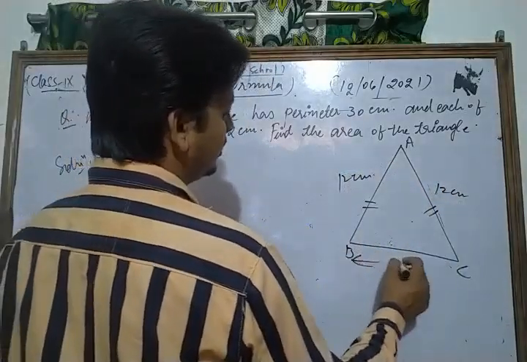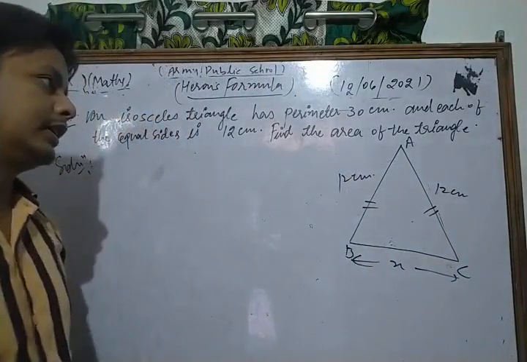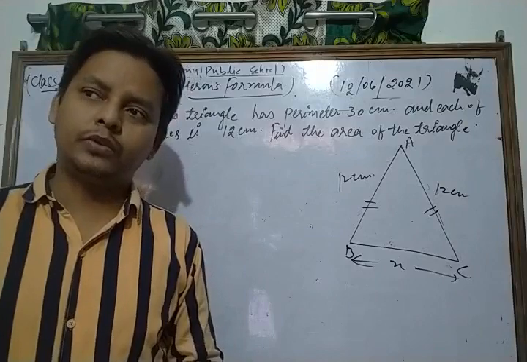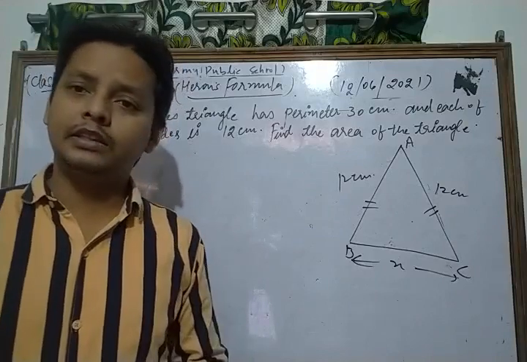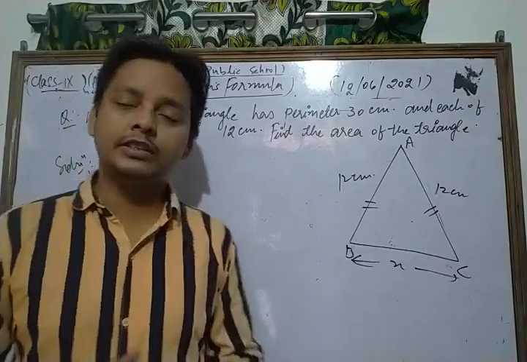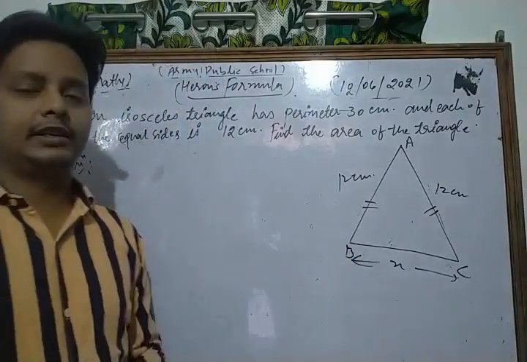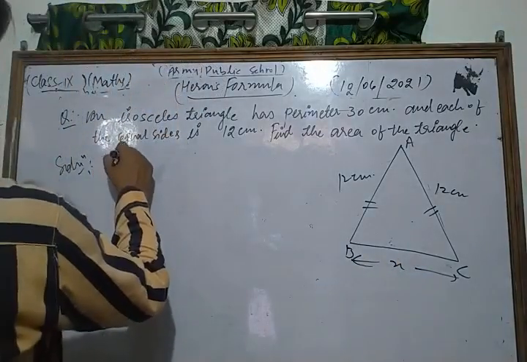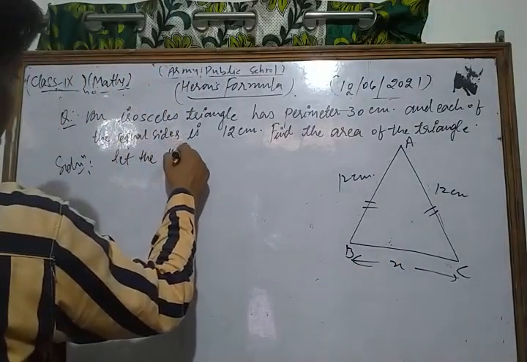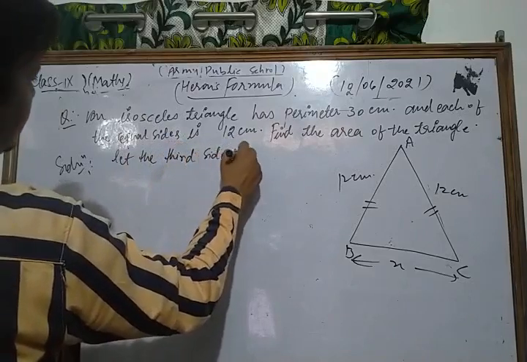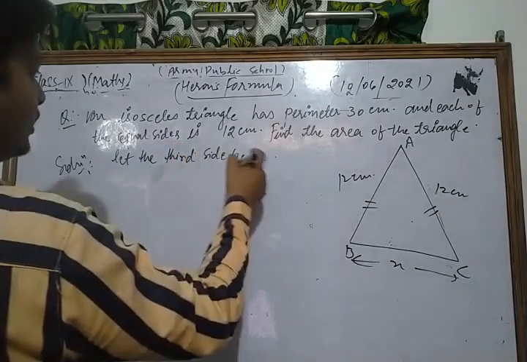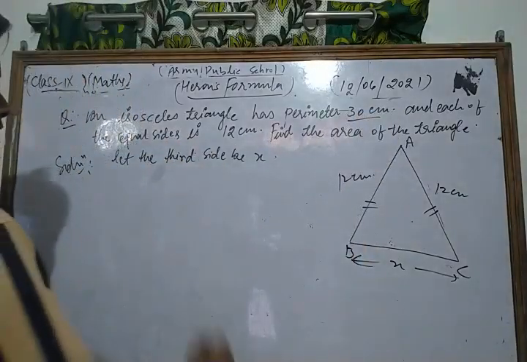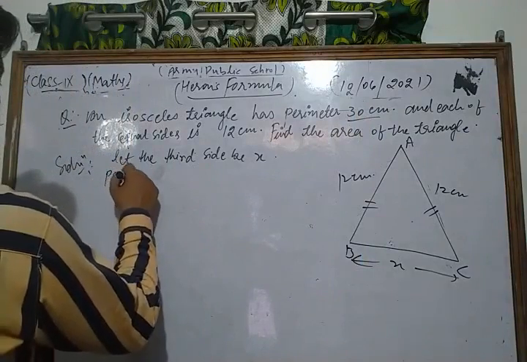Let the third side be x, because you know, dear friends, that the area of a triangle by Heron's formula is found when all three sides are given, but here the third side is unknown, so let the third side be x.